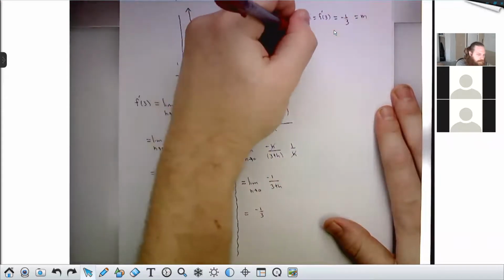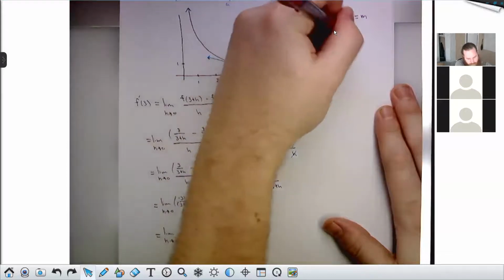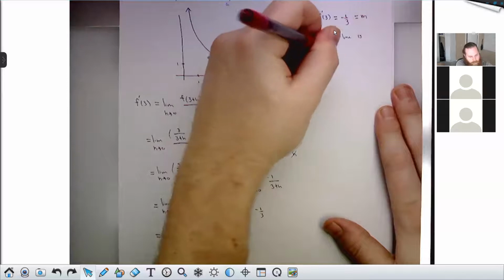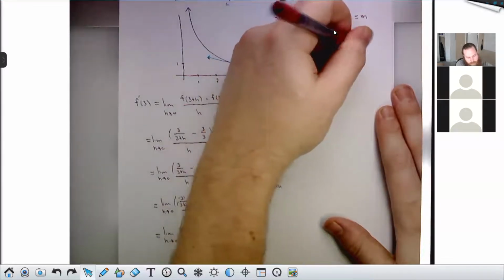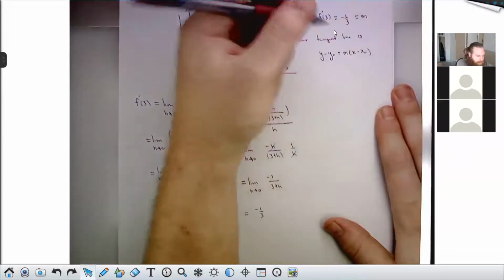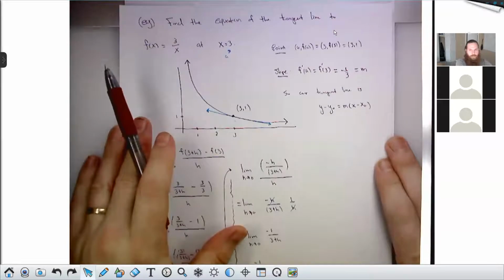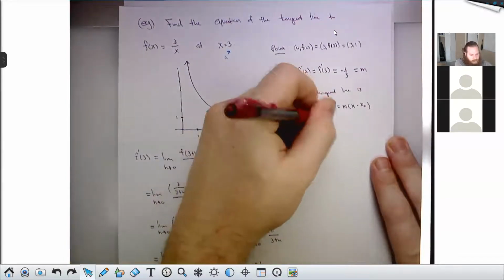So our tangent line is, we can write down the point-slope formula, y minus y0 equals m times x minus x0. My point is 3, 1. So that's x0 and y0. And my slope is negative 1/3.